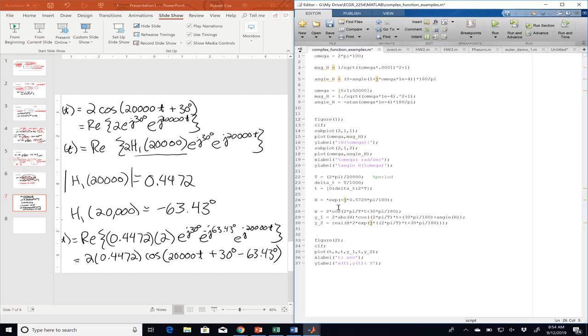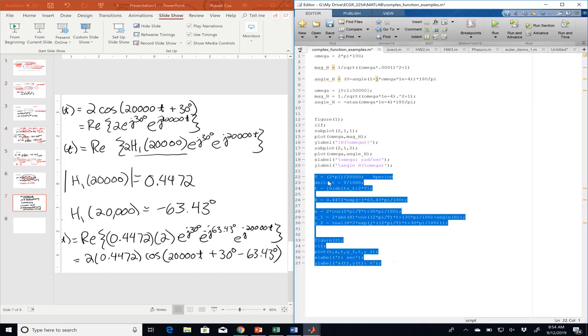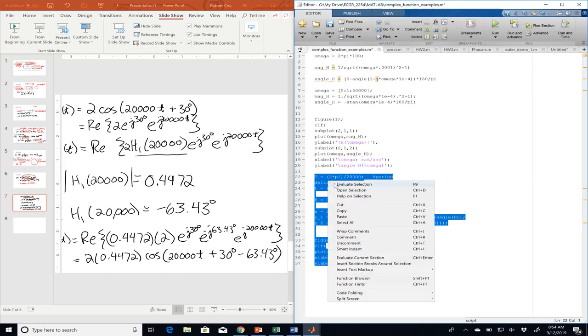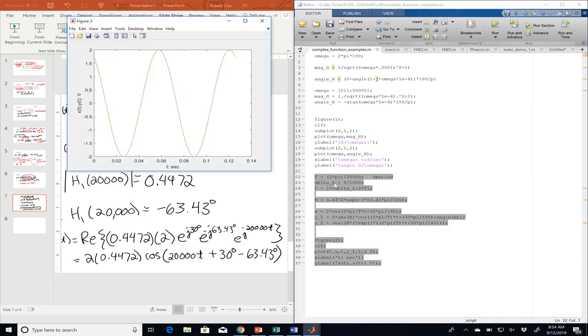My h has a magnitude of 0.4472 and an angle of negative 63.43 degrees. Nothing else changes. So I'm going to highlight, right click, and then evaluate selection. And boom, everything updates.